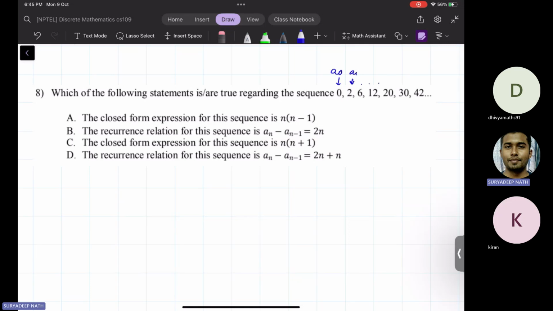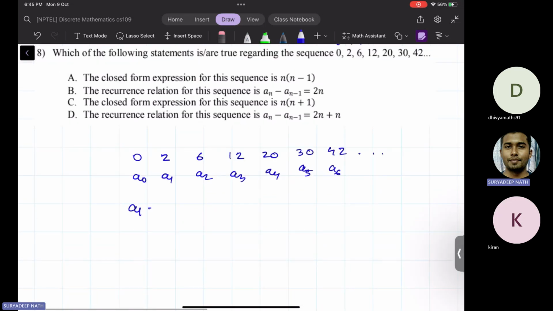So you have 0, 2, 6, 12, 20, 30, 42, and so on. So A0, A1, A2, A3, A4, A5, A6. You see A1 minus A0 is 2. A2 minus A1 is 4.